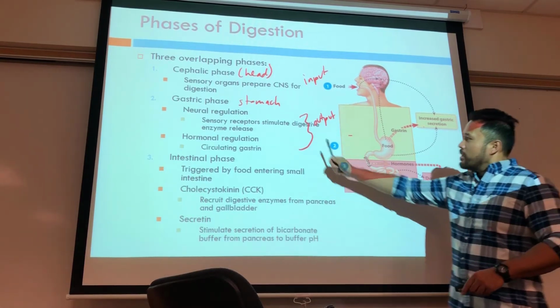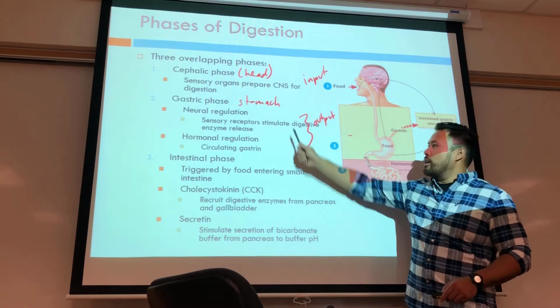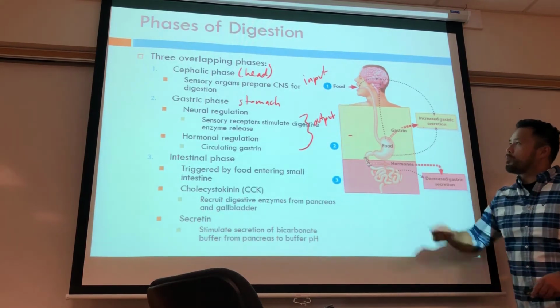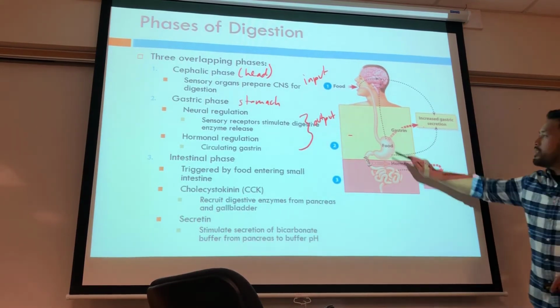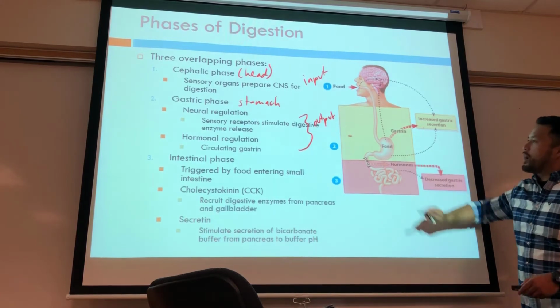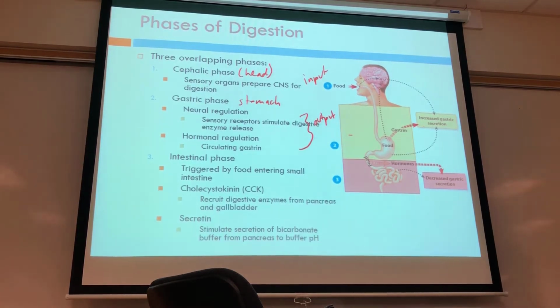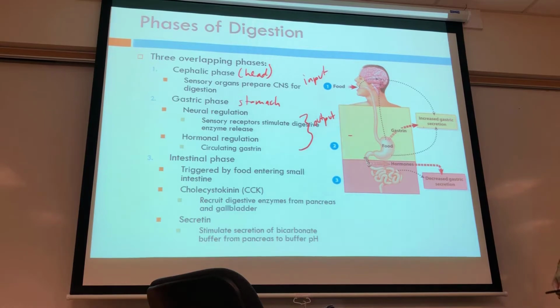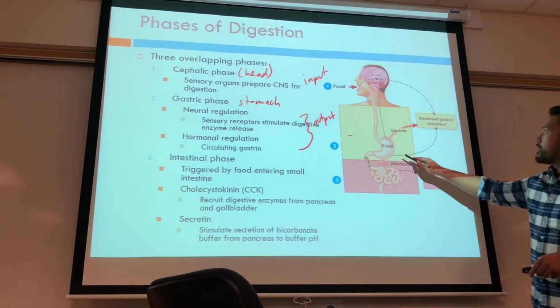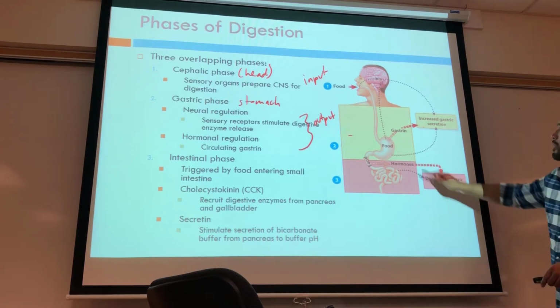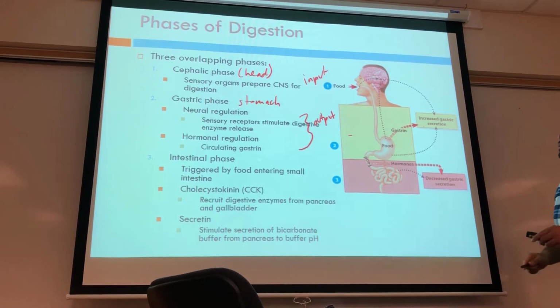There's still some CNS sensory information taking place within the stomach, which we'll learn later on, but that is also going to trigger the release of digestive enzymes, as well as the hormones that are involved. So neural regulation involves the production of our enzymes, as well as our other digestive juices, as well as the hormone regulation, which is going to involve hormones that allow communication with other organs downstream. And this, which we'll talk about later on, is called gastrin.